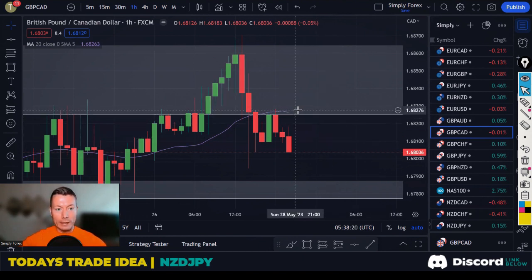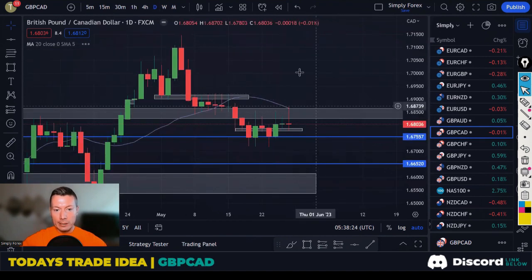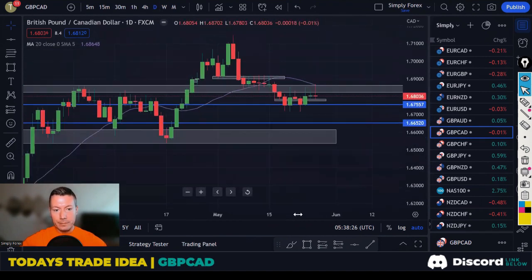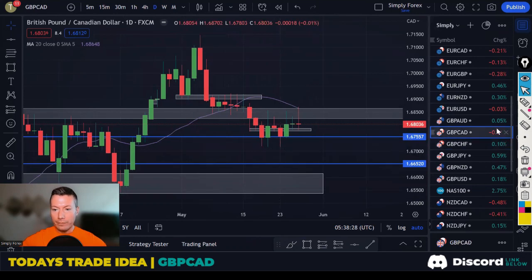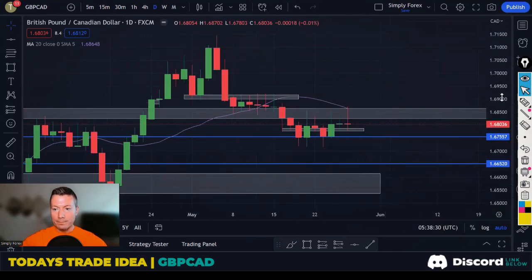So my final trade idea for today is this, pound Canadian dollar. If we look at the day chart, yeah, we're in a nice area of value, okay? So on the day chart, guys, we were in an uptrend. So I always look for structure. Structure has broken down. It's tested this high, tested these highs.